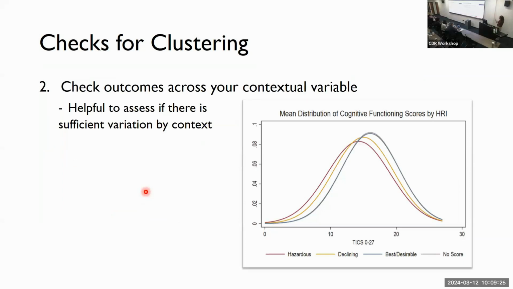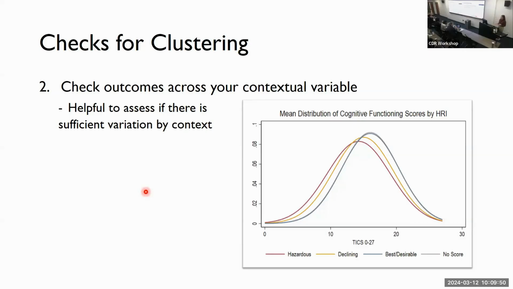Another way, this isn't really clustering in the true sense, but this also goes along with some of Eun-Young's visualizations. You also probably want to check for clustering or groupings across your contextual variable. A lot of times we're bringing in our contextual data set because we have a key independent variable from that contextual data.